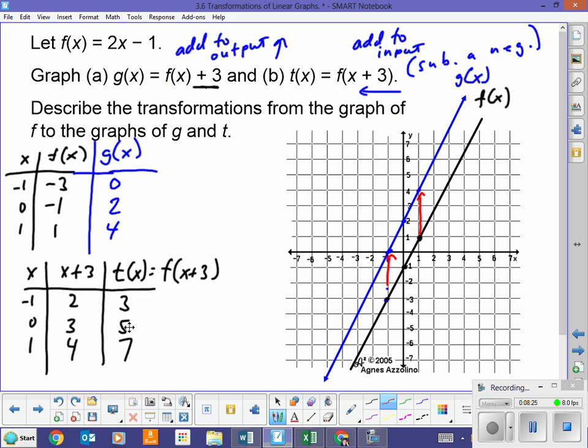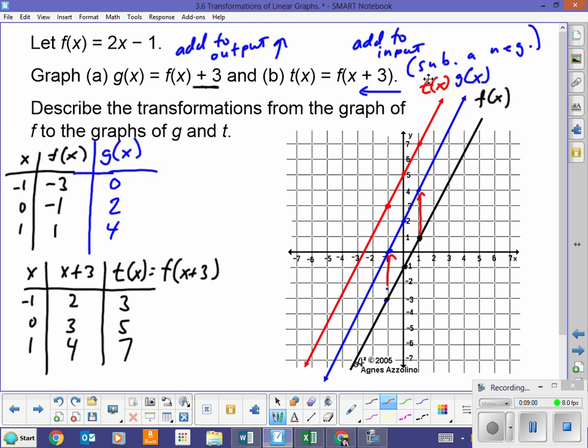Okay, so -1, 3; 0, 5; and 1, 7. Okay, and this will be t of x.